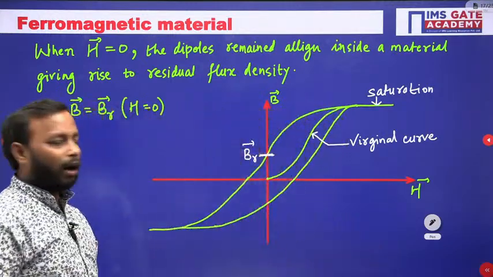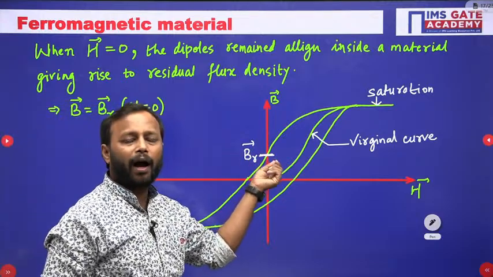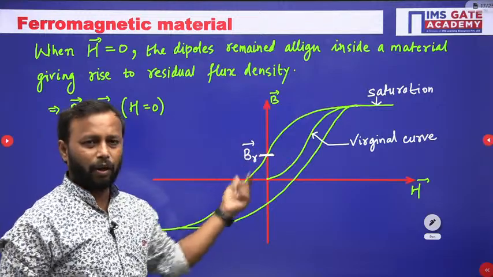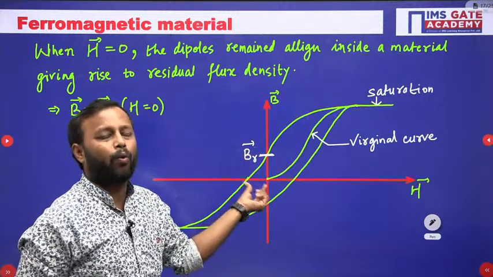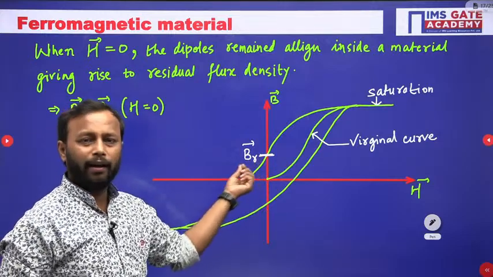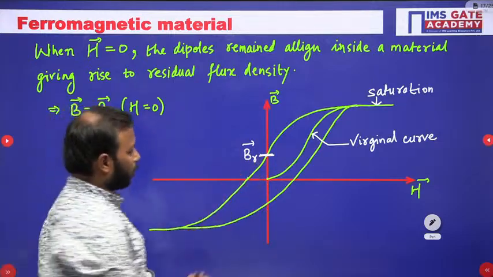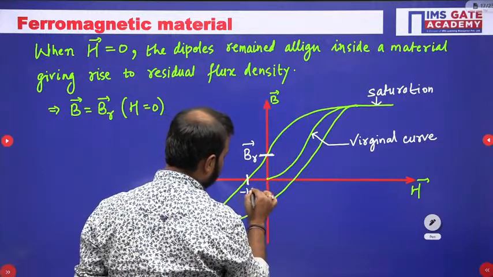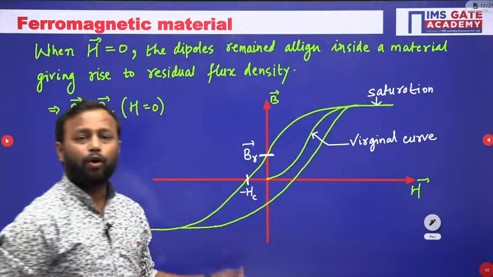Done? Now, if you want to make this BR to be 0, then extra force is required in opposite direction, है ना? Therefore, this force is minus HC, which is known as coercive force.